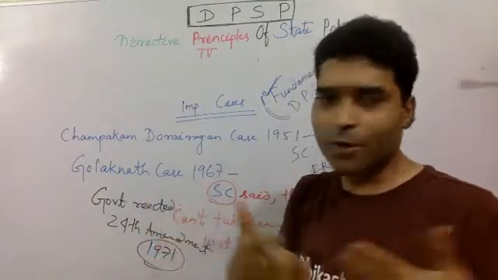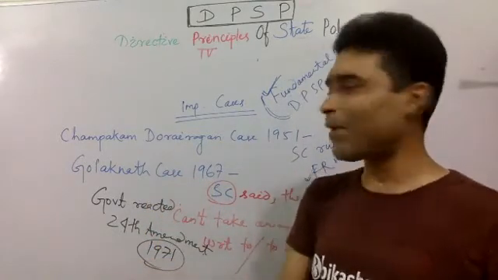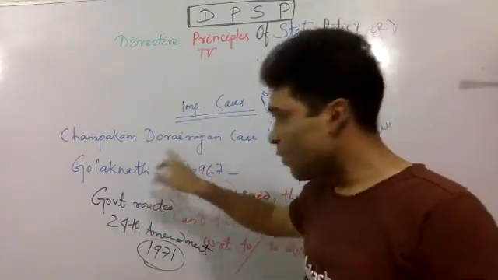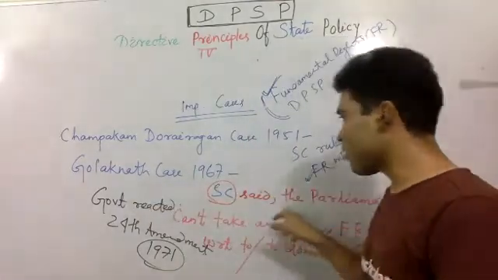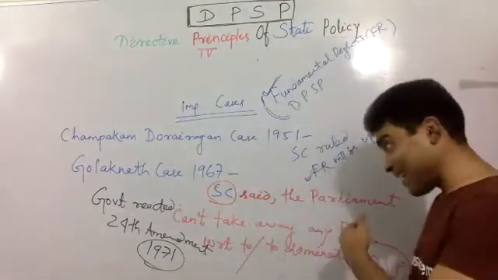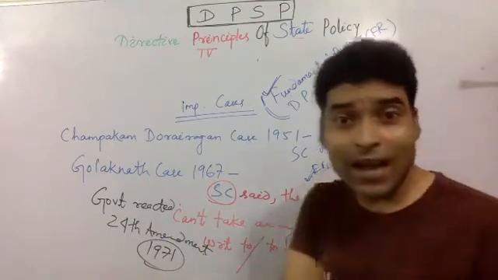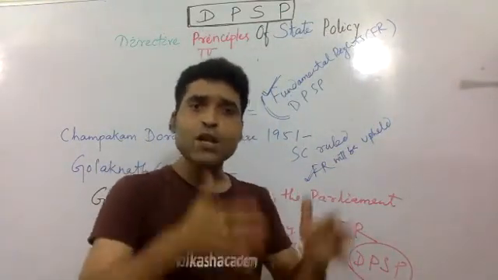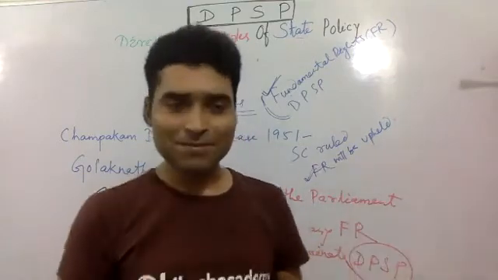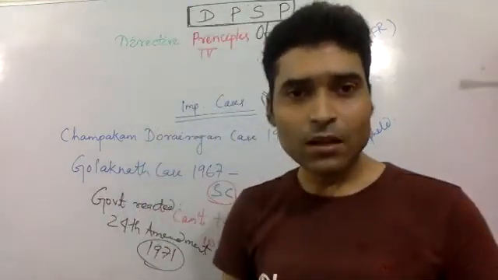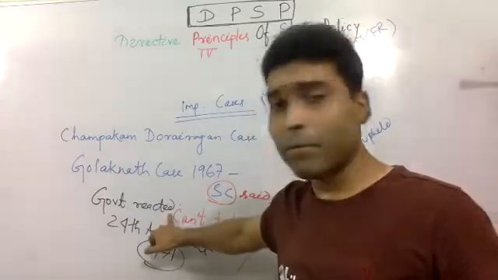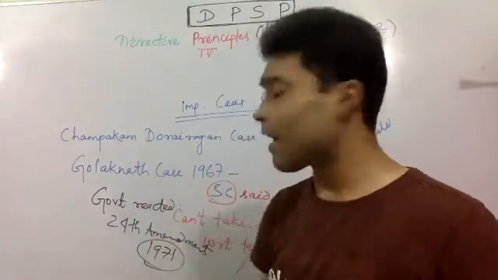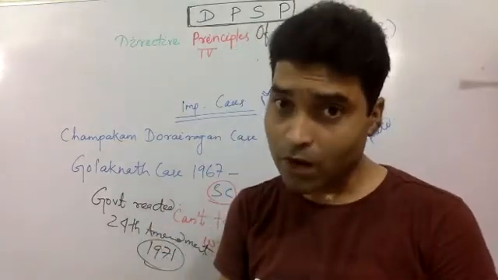Okay? Now everybody is happy. But what happened? In 1967, in the Golaknath case, the Supreme Court reversed the judgment and said that Parliament can't take away any fundamental rights to establish the DPSP. Now the government reacted, and the 24th Amendment came in 1971.